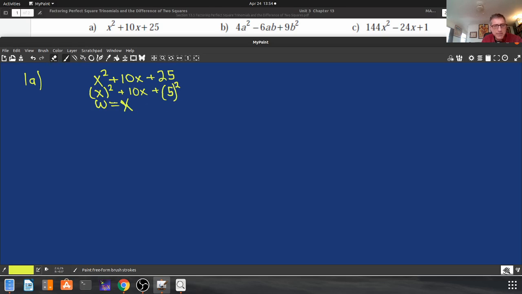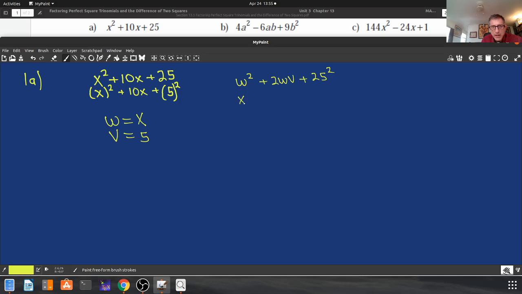Let me give myself a little more room; I wrote too cramped. So let's go back. My W is going to be identified with my first term, what that is squared, so it's going to be identified with my x. And my V is going to be identified as my 5, because remember, I'm looking for W squared plus 2WV plus V squared.